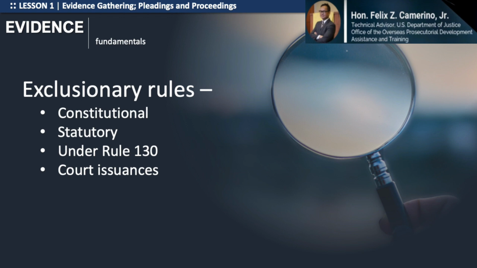Judicial affidavit rule, that is a relatively new rule that provides that testimony of a witness that would form part of a direct examination could be reduced into writing. So instead of inviting that witness for a direct examination, they could actually just do it on paper, where a lawyer would ask the witness some questions, and all of that would be in writing, and then it would be a sworn testimony.